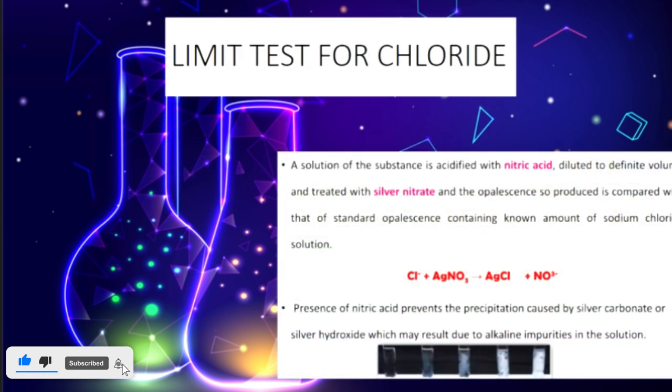So first we will learn about the limit test for chloride. The limit test for chloride is a quantitative or semi-quantitative test designed to identify and control small quantities of impurities likely to be present in the substances. This test involves the reaction of silver nitrate with soluble chloride to form a precipitate of silver chloride, which is insoluble in dilute nitric acid.